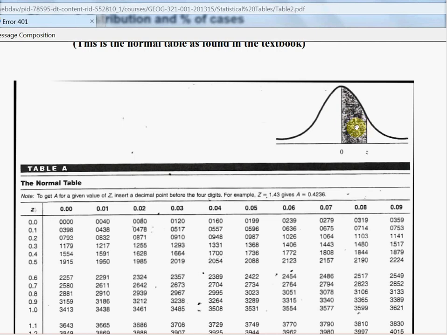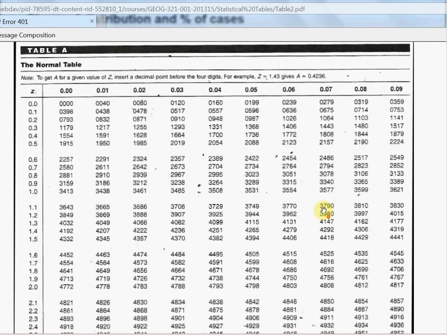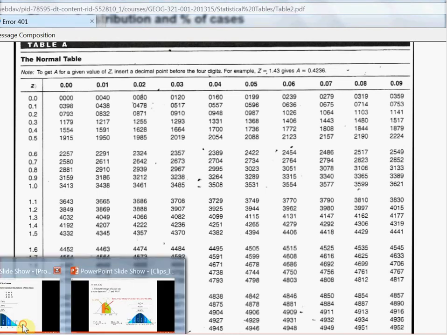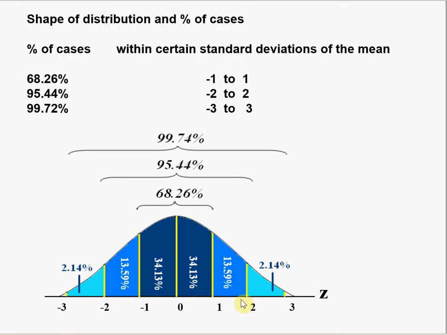But if this z-score is 2, let's go to 2. If that z-score is 2, it is 47.72%. That would correspond to here, from 0 to 2, 47.72%.